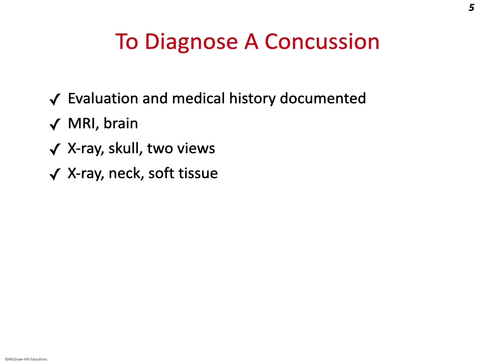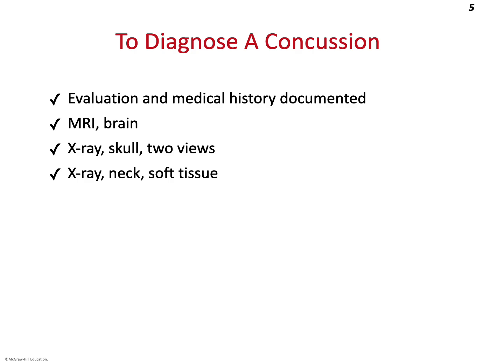So in order to confirm a concussion as the diagnosis, the attending physician needs to do an evaluation, assessment, and medical history documented, usually a neurological exam, and then typically that physician will order imaging to be done because it's the only way we can see what's going on inside that skull, right? So it might be an MRI, it might be a CT scan depending upon the situation, but in this case we're going to look at doing an MRI.